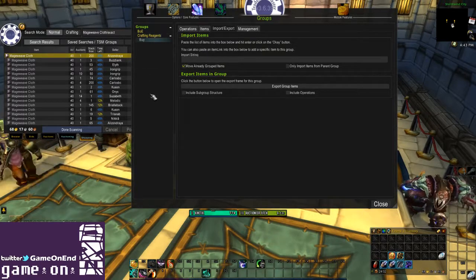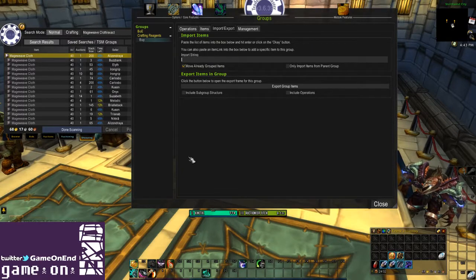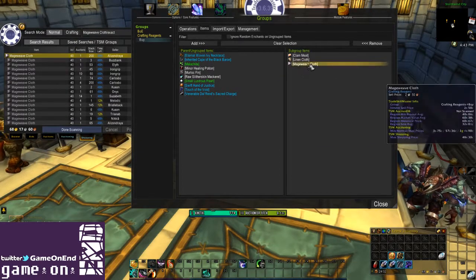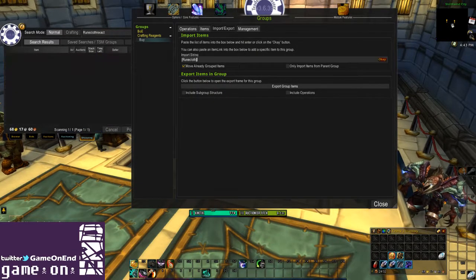Now, if you've built out some groups already, you may, just to be safe, want to click move already grouped items, and that will make sure that they get moved into this group. And let's add one other one here that we can take a look at.